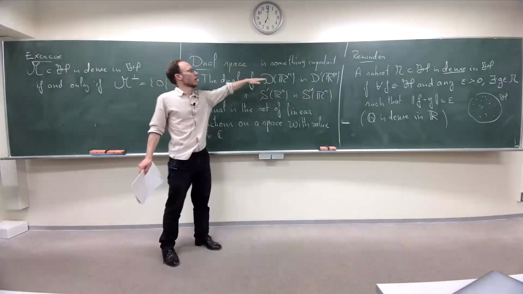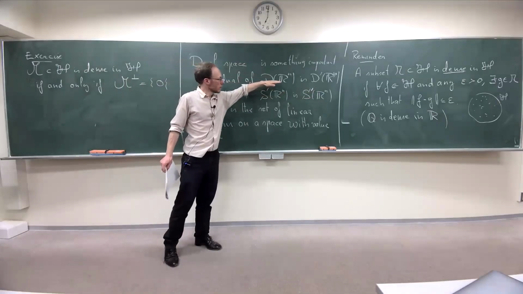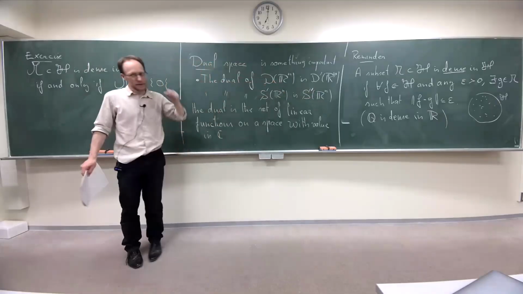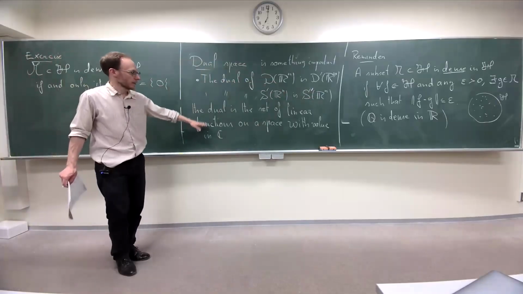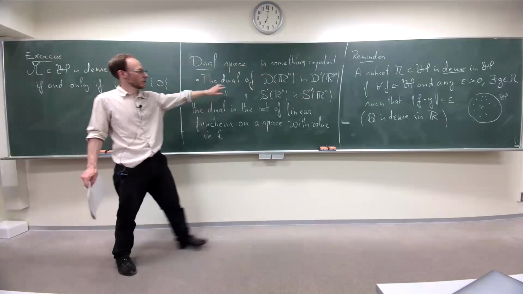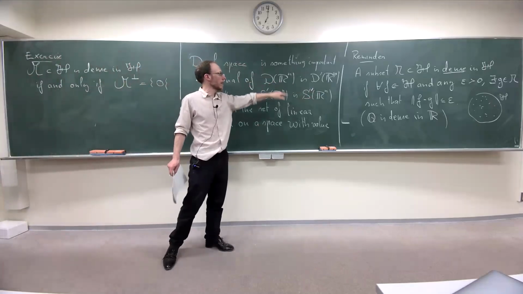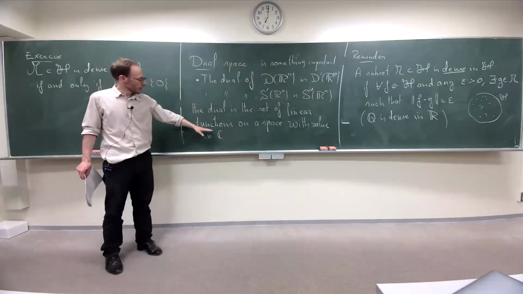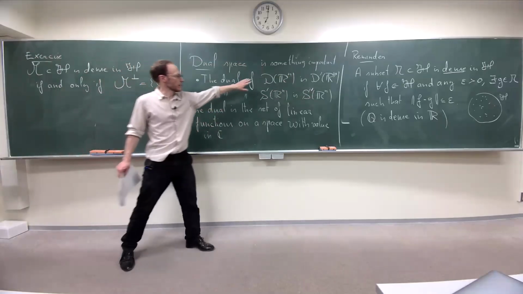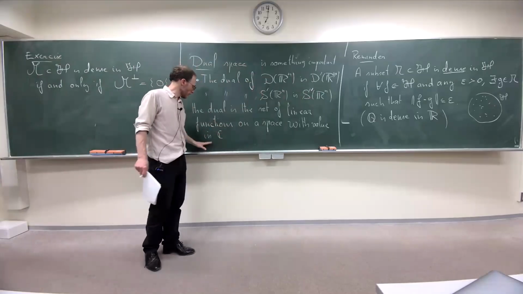They take a test function and send it just to a number. So it's linear, in the sense that if you take a linear combination here, then the result is also linear. So it's a set of linear functions on a space, this one or this one, with value in C.